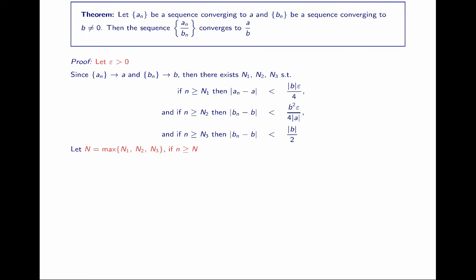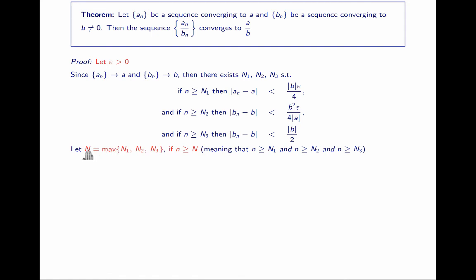Now, if N is the maximum of n1, n2, and n3, and little n is greater than or equal to that maximum, specifically meaning that n is greater than n1, and n is greater than n2, and n is greater than n3, meaning all of these inequalities are true.